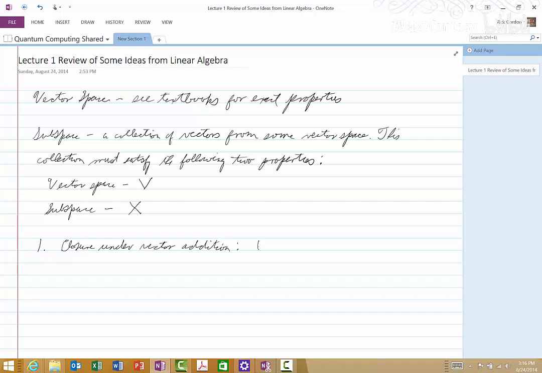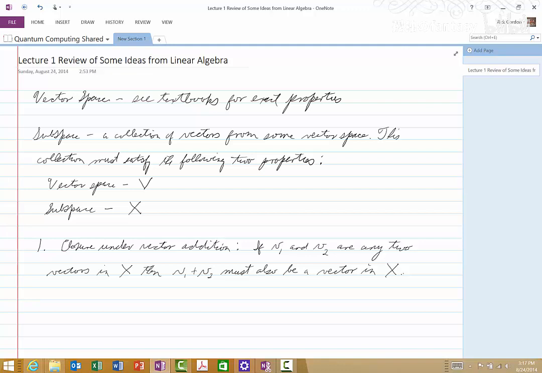If v1 and v2 are any two vectors in X, then v1 plus v2 must also be a vector in X. And so that's why we call it closure under vector addition.